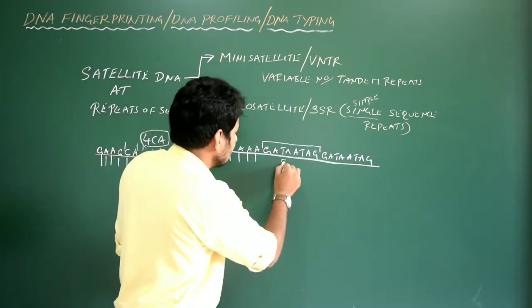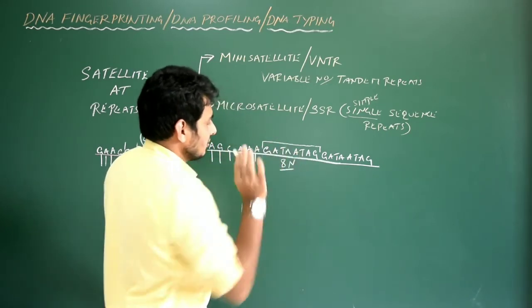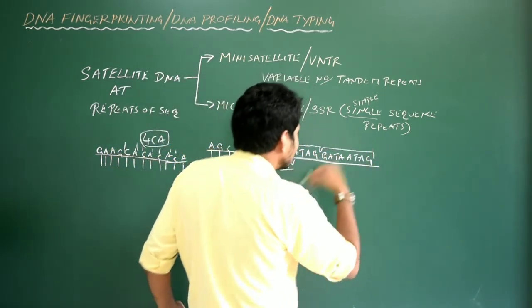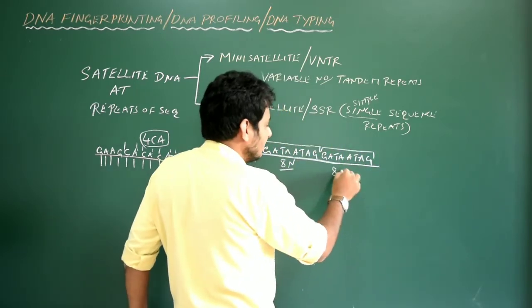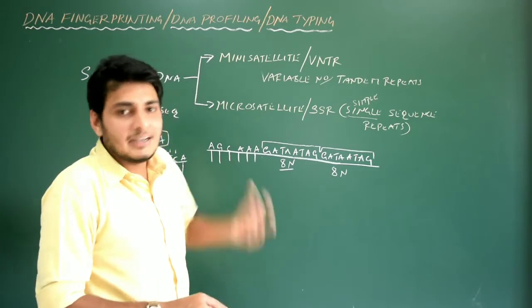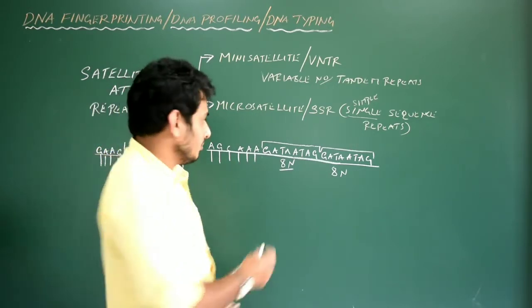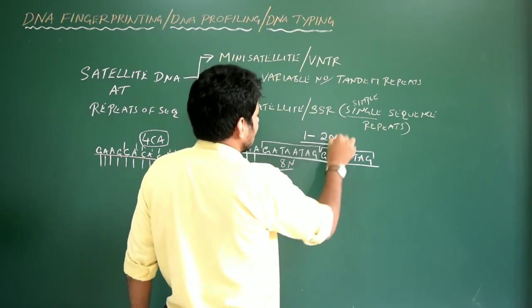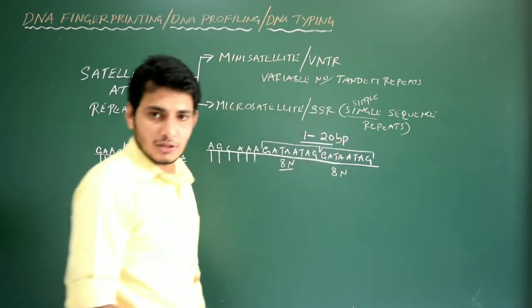How many nucleotides are there? 8 nucleotides are there, if you count it. Again, ATAG is repeated. That also contains 8 nucleotides. It is not restricted that only 8 nucleotides should be there. It could be 20. That means it varies from 1 to 20 base pairs or nucleotides. You got it?